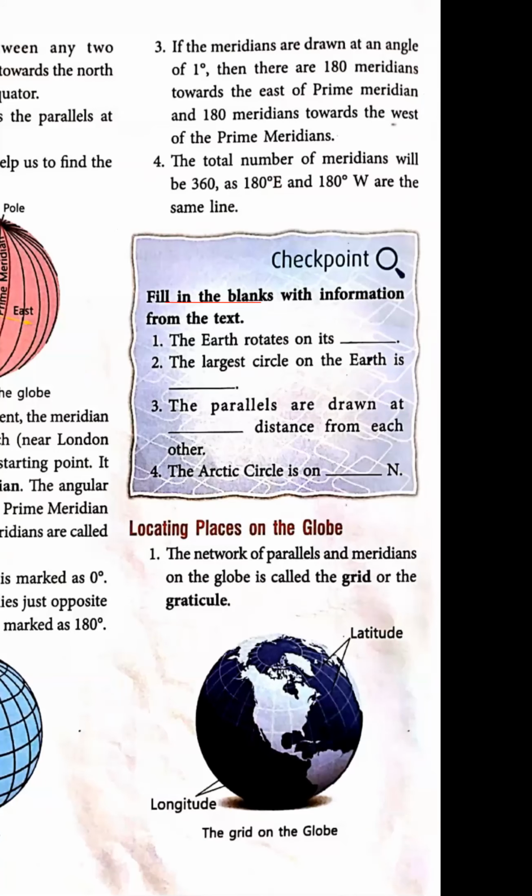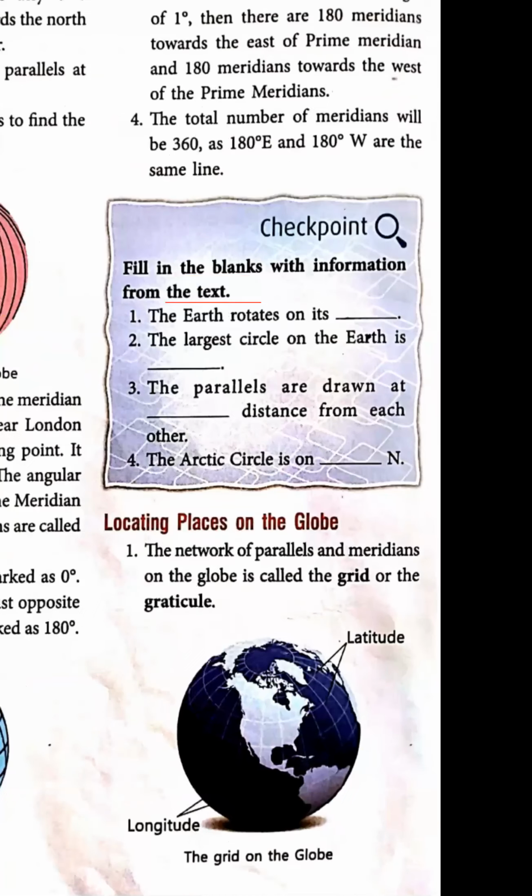Your answer is correct. And the last one, the Arctic Circle is on blank north. Yesterday, I shared some important parallels with you, and this is one of them.